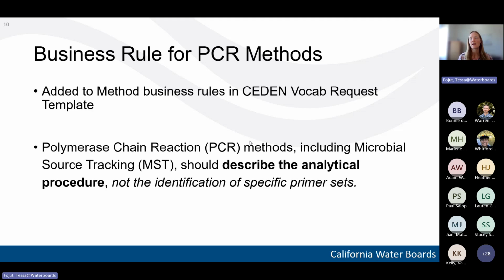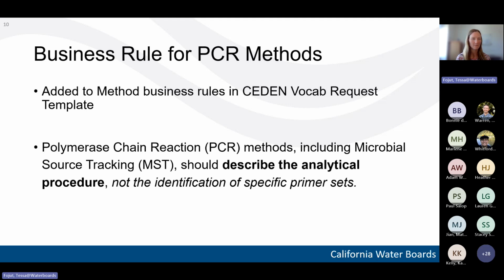Okay, and then we also added a business rule for PCR methods, so polymerase chain reaction methods, which may include microbial source tracking and other types of things that folks may look for. So this was in the method business rules. We added this because we have had a number of questions about what the method is really supposed to describe.